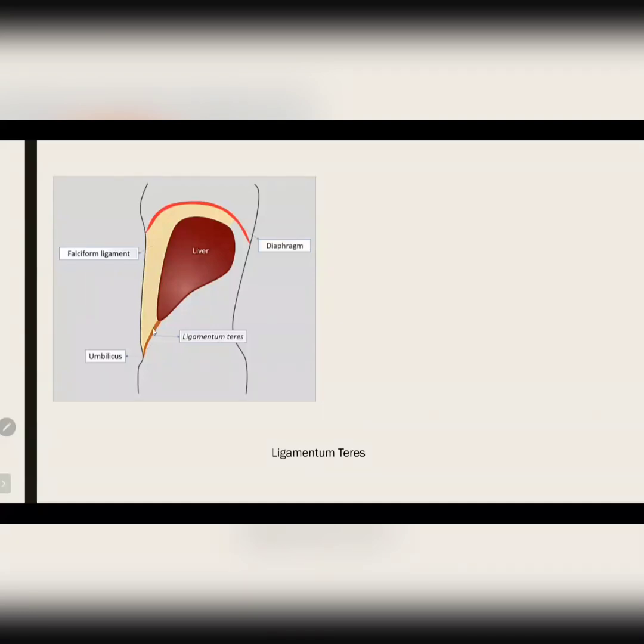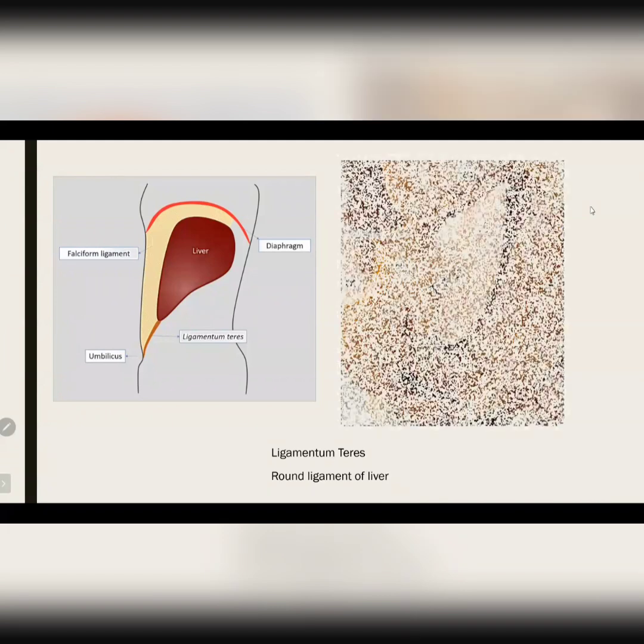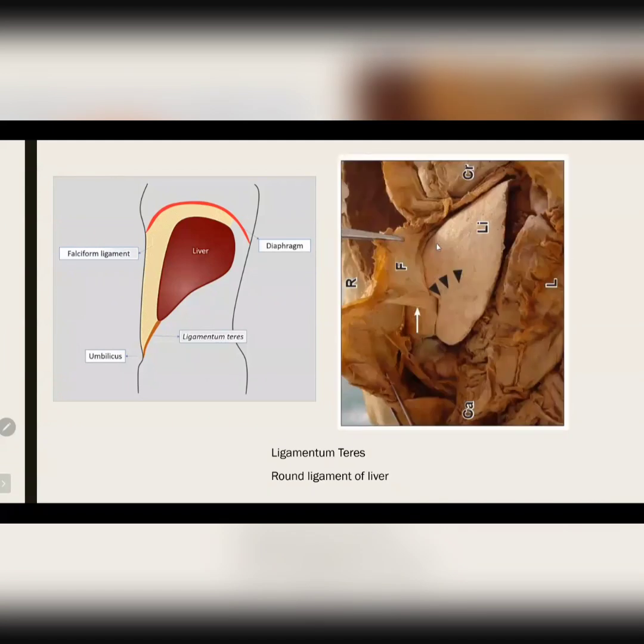And at the lower portion of the falciform ligament, that is the free margin of the falciform ligament, there is another rounded, thick ligament called the ligamentum teres of the liver. The word teres means round, so this is called the round ligament of the liver. This is a dissection specimen.